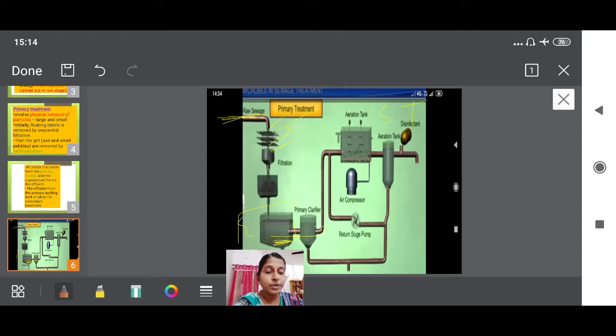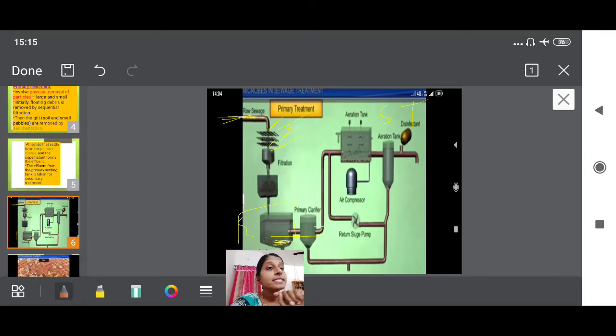Very important. Here we are going to learn a new term, biological oxygen demand or biochemical oxygen demand. In the secondary treatment, the effluent is pumped into a tank called the aeration tank. In this aeration tank, air is continuously given, a mechanically agitated air supply.